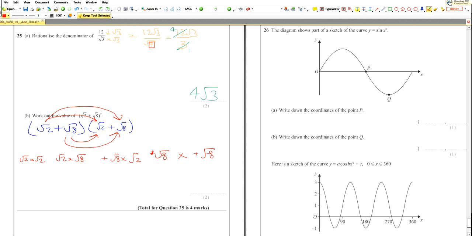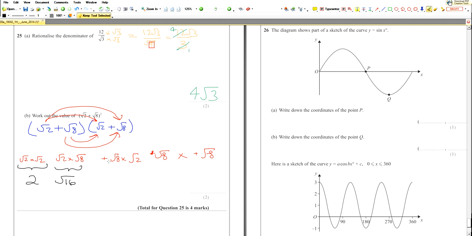Now let's simplify all of this, see what that gives us. When you multiply a surd by itself, it gives you the number inside. Root 2 times by root 2 is root 4, and the square root of 4 is 2. Now root 2 times by root 8, when you multiply surds, you can put them under one square root sign. So that simplifies to root 16.